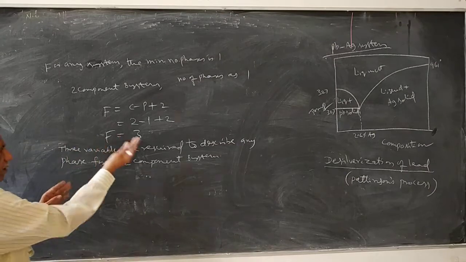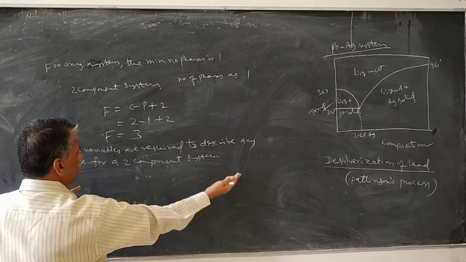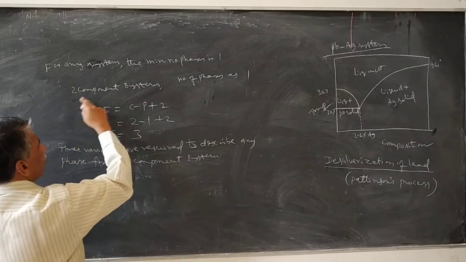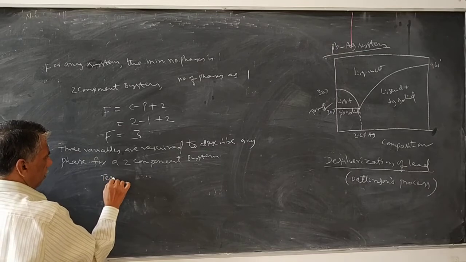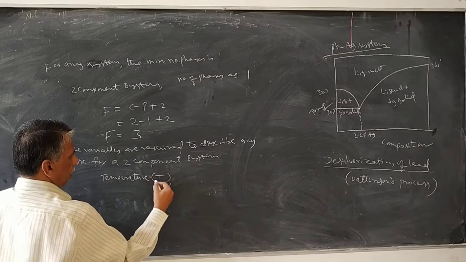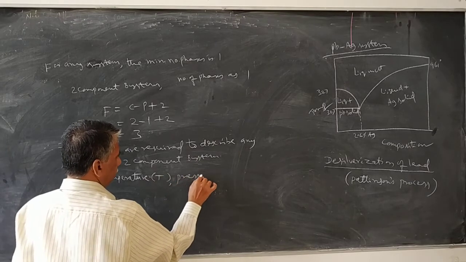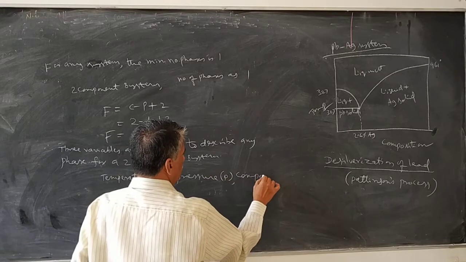Okay? And what are these 3 variables? The 3 variables required to describe the phase in a two component system are: number 1, temperature; number 2, pressure; number 3, composition.